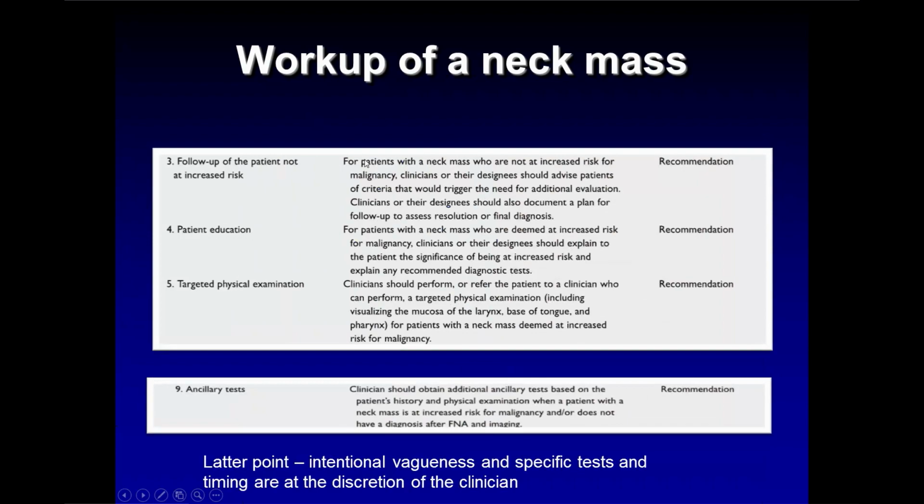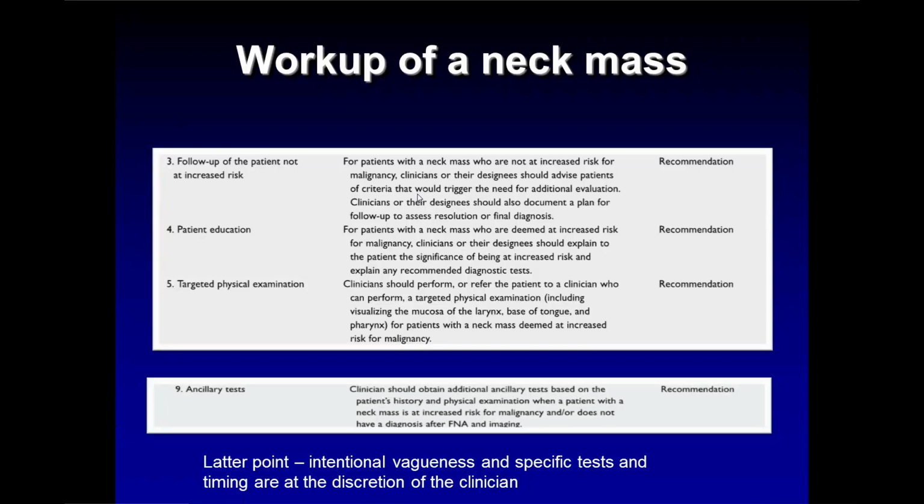And then you want to move down and follow up for patients that are not at risk. This addresses the second column to the right. Even though it may sound like it's an infection, you still want to maintain some index of suspicion, and so it's imperative to create a follow-up for the patients.